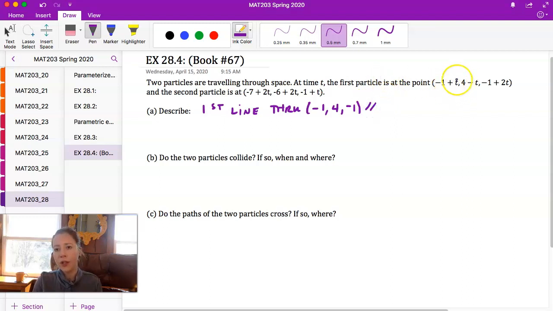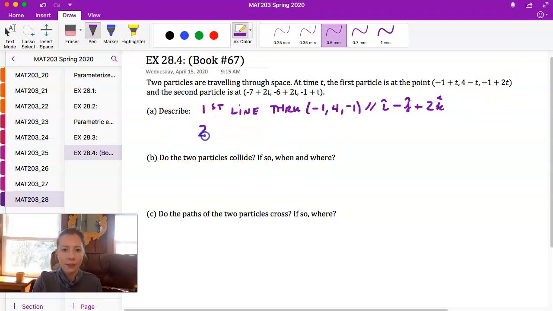We look at the coefficients for t to get the direction vector. It's parallel to i hat, that's just 1t, minus j hat, since that's minus 1t, plus 2k hat, since that's 2t.